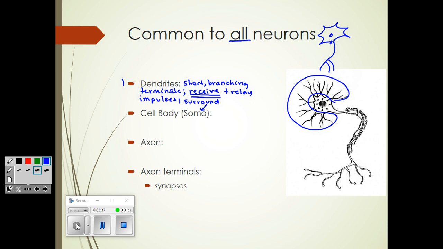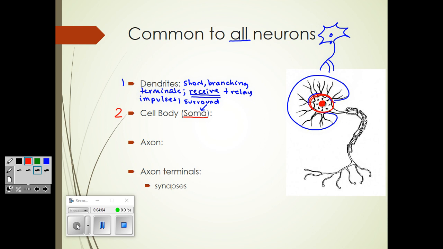The second thing on the list is the cell body, or the soma. Anytime you see S-O-M in a word, some, like a somatic cell, it means the word body. And that is this part here in the middle. You'll usually recognize it because that is where the nucleus is located, and the nucleus is generally represented by a dark circular structure.